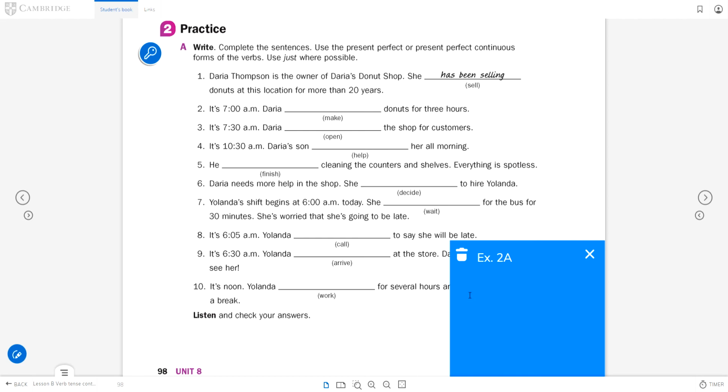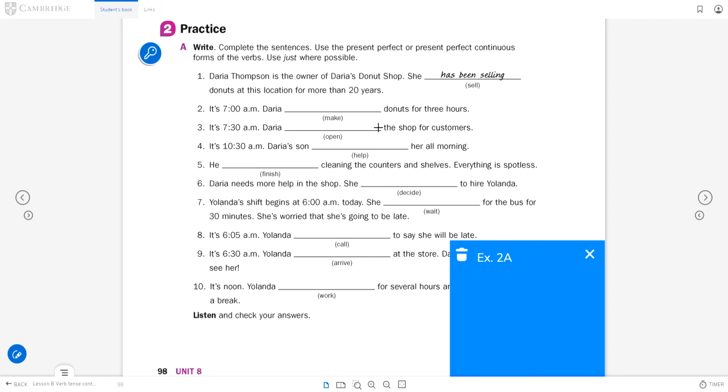Okay, now let's go to number 2 and do it together. It's 7 a.m. Daria made donuts for 3 hours. So what's the idea here?